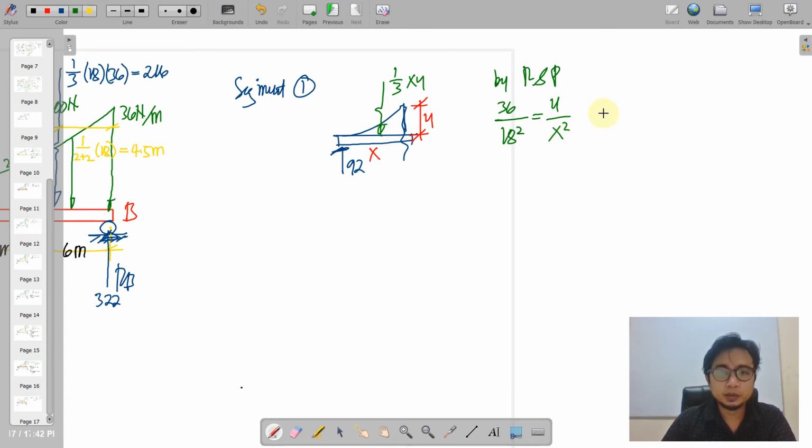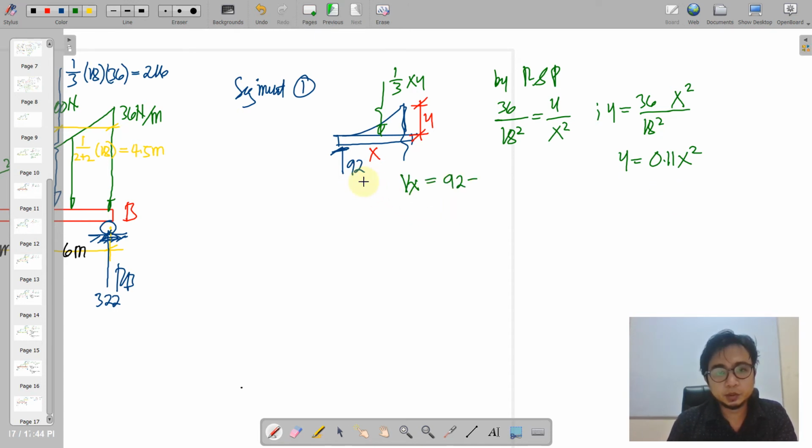So solving for y, by cross multiplication, 36 x squared over 18 squared, and that is 0.11 x squared.